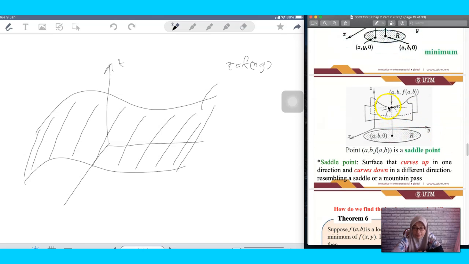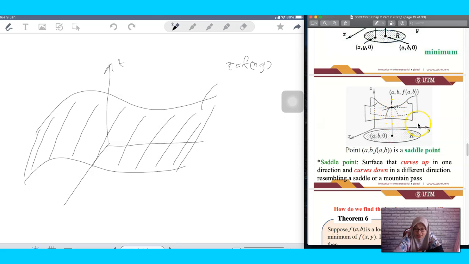But if you have this kind of shape, if you just watch from this side, from X, sitting over here, you can see a minimum, right? You can see this curve, so you have a minimum. But if you move around and sit along the Y, you can see this U-shaped concave down, and it is like a maximum.